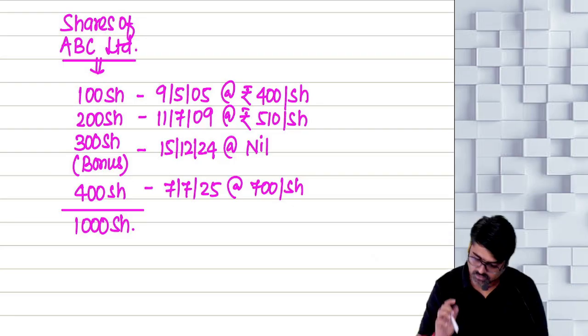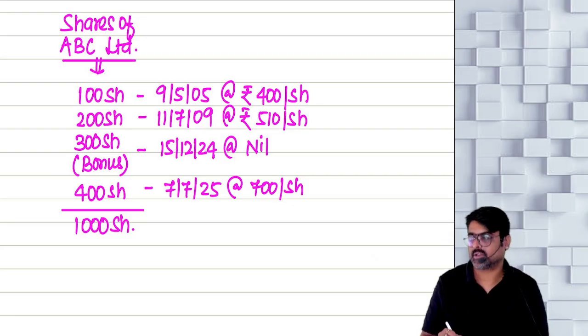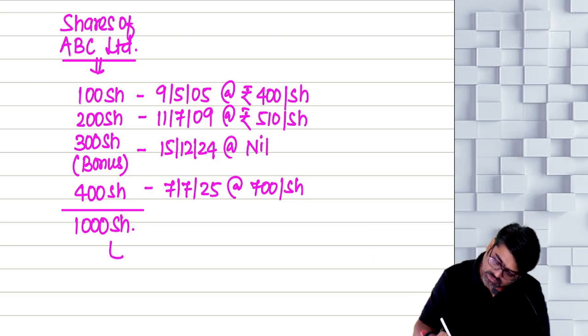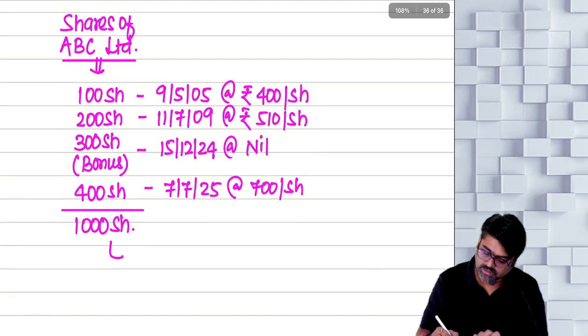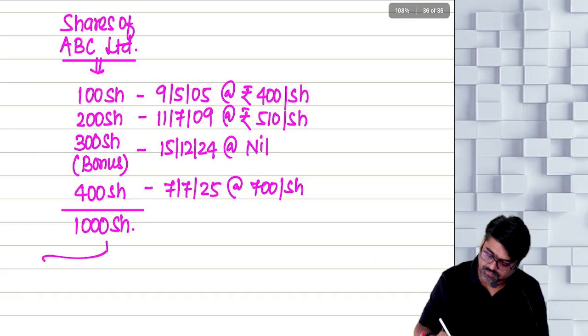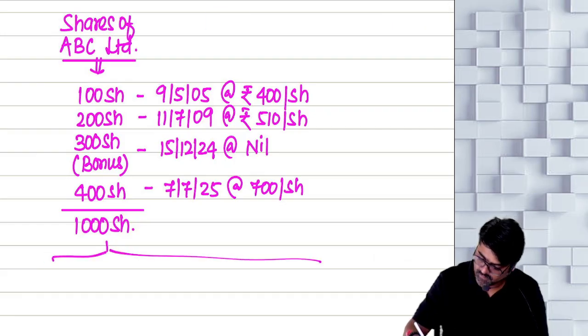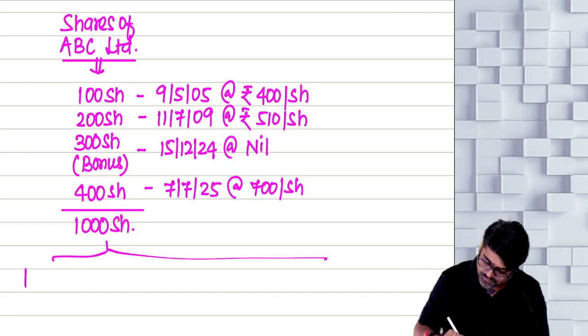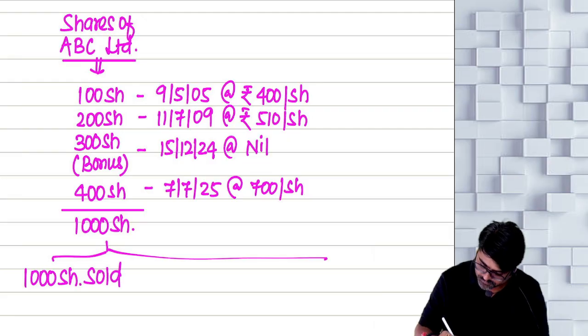Understanding? Now tell me, from these 1,000 shares, two possibilities are there. All 1,000 shares are sold. Possible?